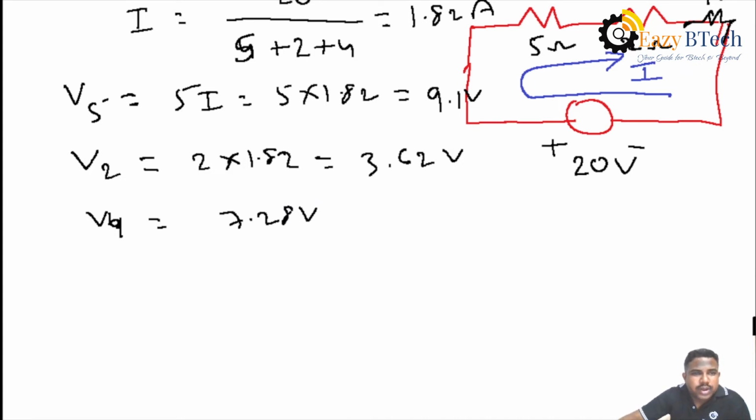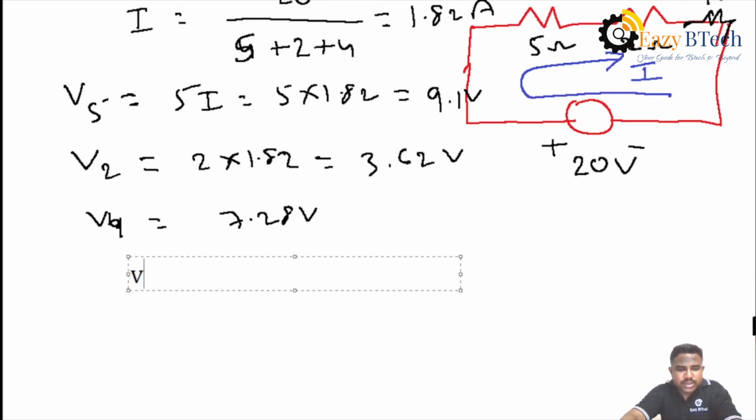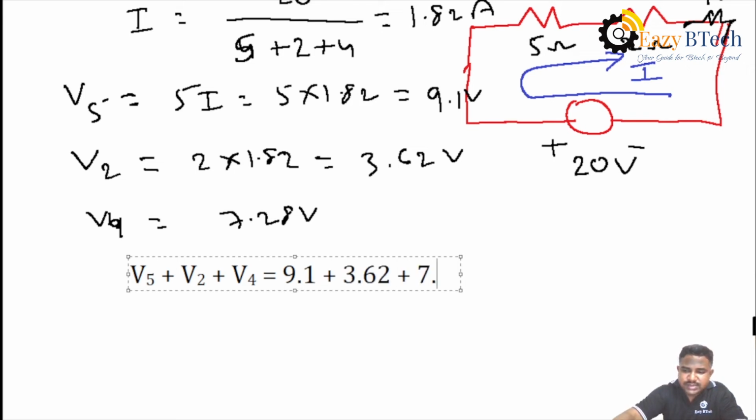Then here you can apply KVL. That means the sum of the voltages, V5 plus V2 plus V4, equals 9.1 plus 3.62 plus 7.28.